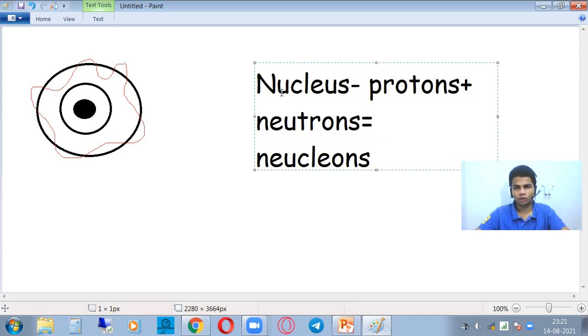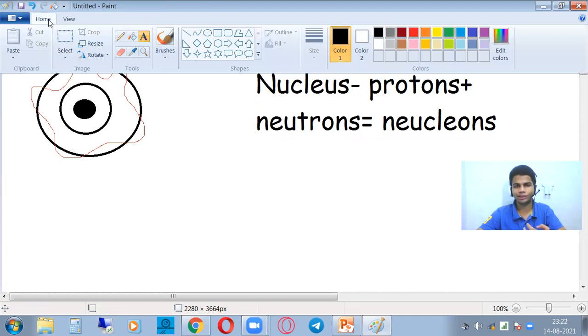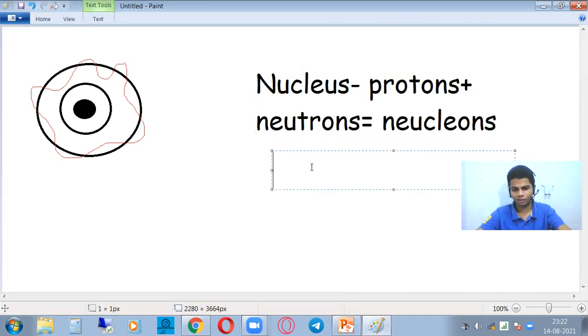We also need to understand these shells. In them there will be the electrons, and specifically in the shell we say an orbital is the portion where we can find the electrons. So I will write that as well: in the orbital we can find the electrons. Electrons will be present.